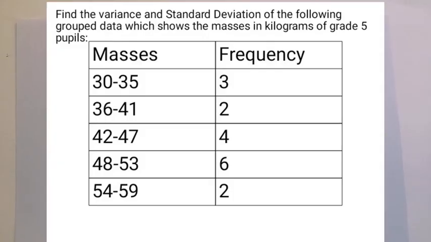Now the question reads, find the variance and standard deviation of the following grouped data, which shows the masses in kgs or kilograms for grade 5 pupils. Now we have the masses with their classes, and we have the frequencies as they come. So let's see how we are going to compute for standard deviation and variance of this particular question.